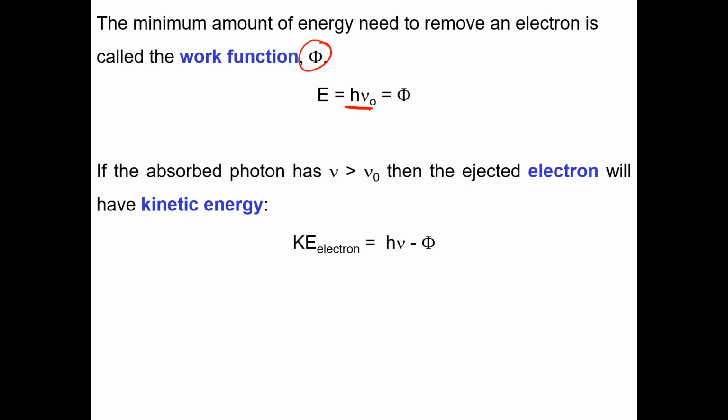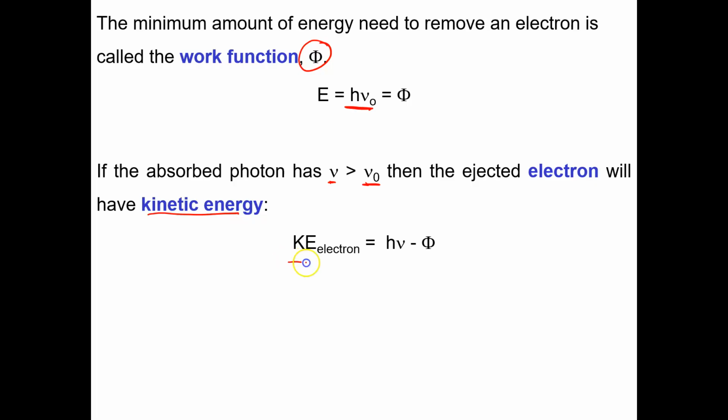Now, if a photon that is being absorbed by a metal has frequency greater than the threshold frequency, the electron won't be just removed, the electron will be removed with some excess kinetic energy.